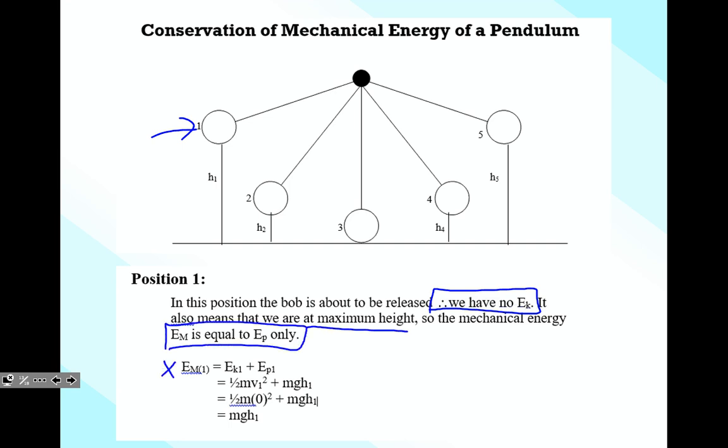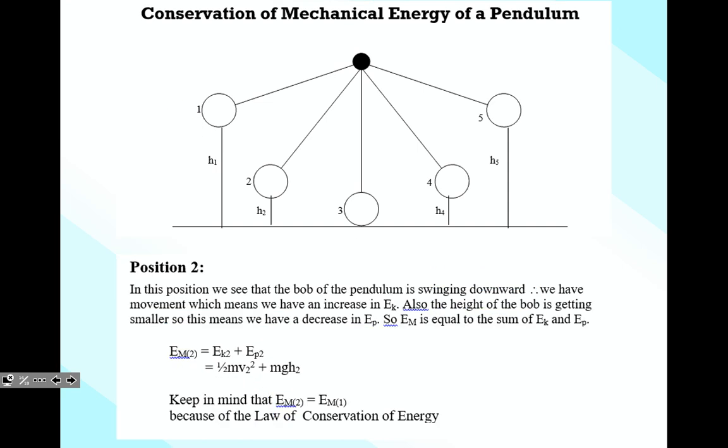That's where you get, for bob 1, EK plus EP, which is 1/2 mv squared plus mgh. Because our speed is 0, this term will be 0, and we have EM equal to mgh. That's just for position 1, and that's the math that shows I'm not lying in terms of the pendulum.